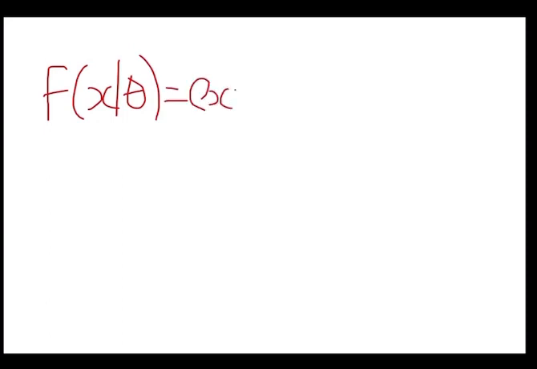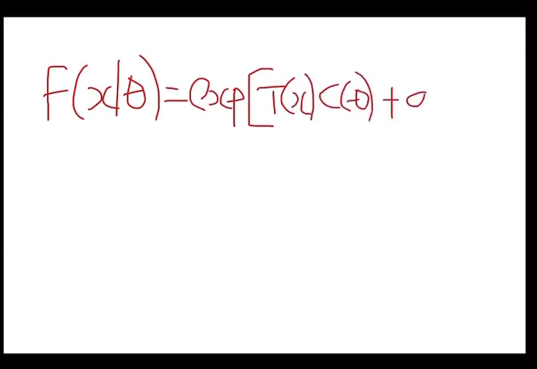If f of x given theta, which is a parameter, can be written as t of x, c of theta, plus g of theta, plus f of x, we say that particular probability distribution follows the exponential family.